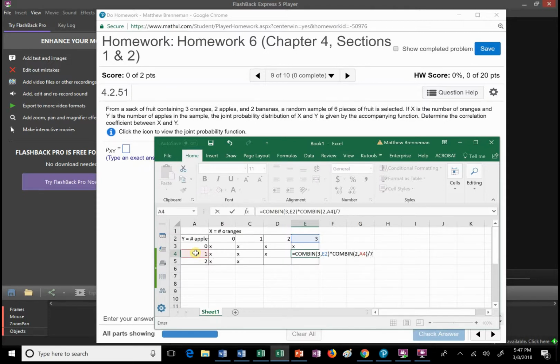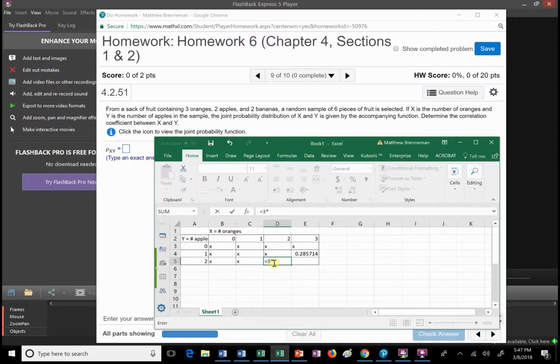Okay, so again, I won't bother to write that. Here, it's going to be 3 choose 2, which is 3, times 2 choose 2, which is 1.